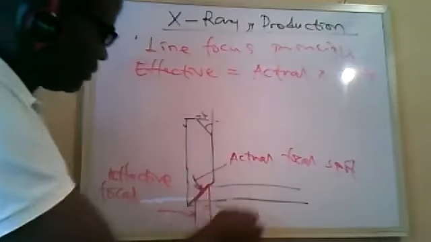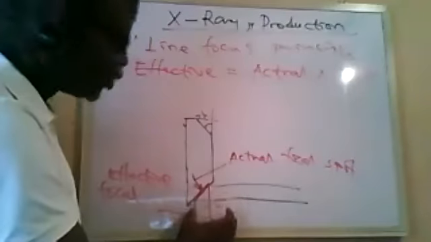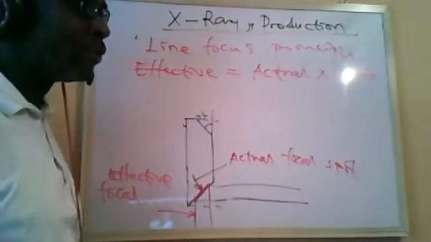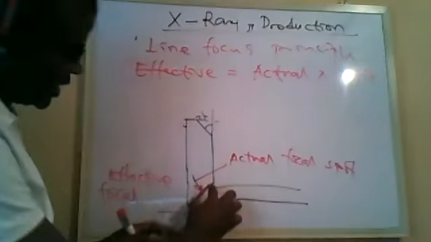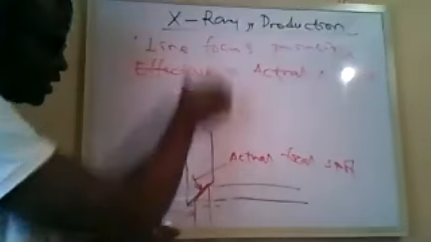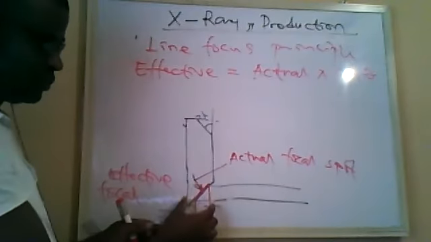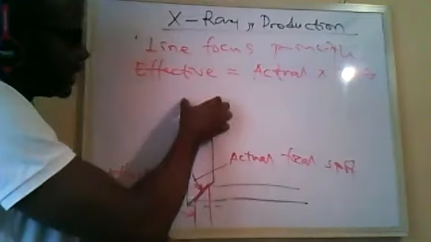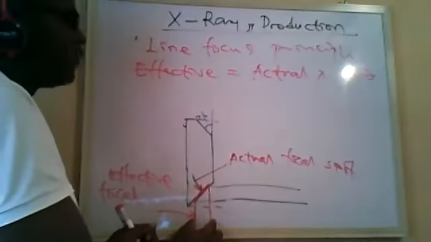So if you are looking at this focal spot, it is going to be foreshortening when one is looking at it from up. If you are looking at it sideways, you see this length. But if you look at it from up, this is what you are going to see. So this is the effective focal spot.